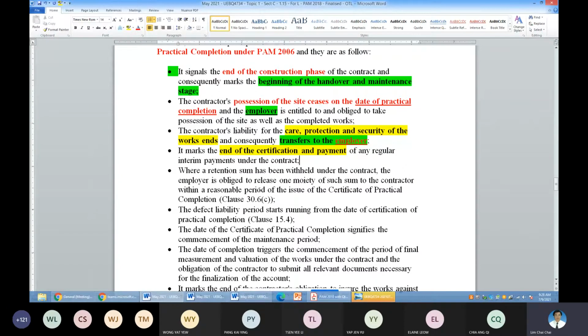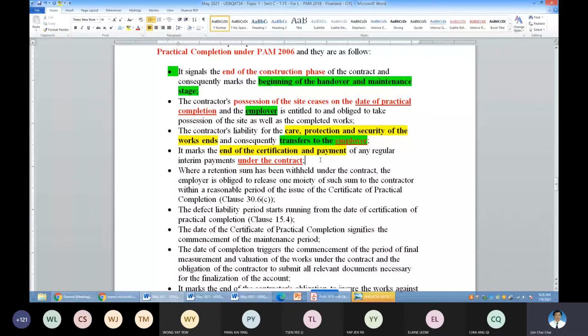It ends the certificate payment or regular interim payment under the contract. That does not mean the contractor cannot make a claim after the CPC, because a lot of tidying up of the account is ongoing. Quantity finalization, rates finalization. After that, there will be additional money to be paid. So the contractor can raise a claim.